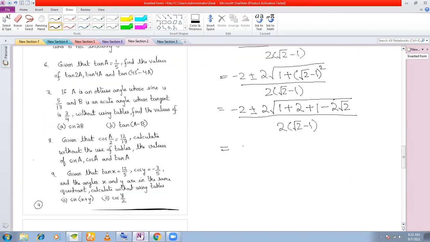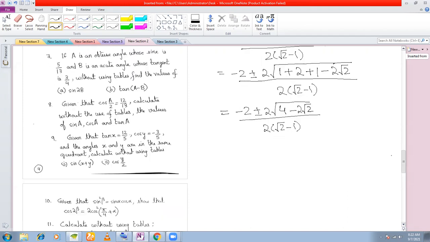So now if you simplify everything within the radical, you get 4 minus 2 root 2 divided by twice root 2 minus 1. And what you also see is that you can take 2 common in the numerator.